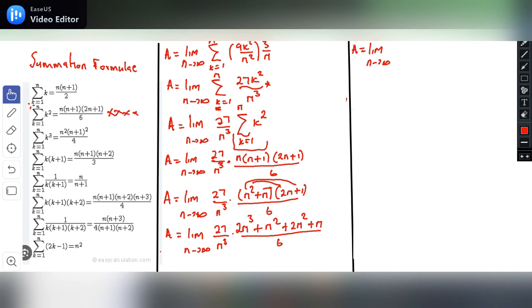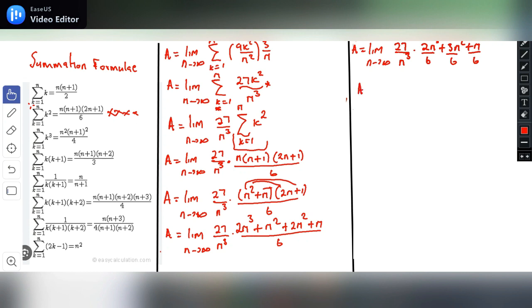You'll end up making mistakes, so you need to be slow so that you don't make silly mistakes. So it's 27 all over n cubed, right? Multiplied by, you can see that we have 2n cubed plus 3n squared plus n. Therefore, we can divide this as 6, 6, 6, right?